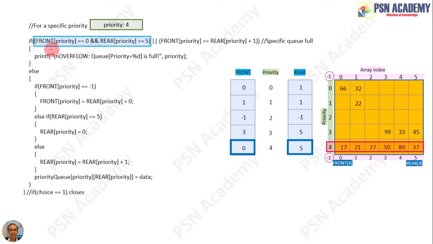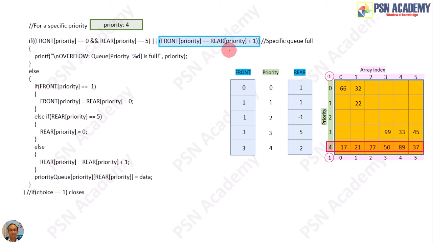So the condition will be if front priority equal to 0 and rear priority equal to 5, or there may be another situation when your specific row will be full. That is, when front priority is equal to rear priority plus 1. So here you see the front priority is 3 and the rear priority is 2 for the priority 4. So it will look like this.